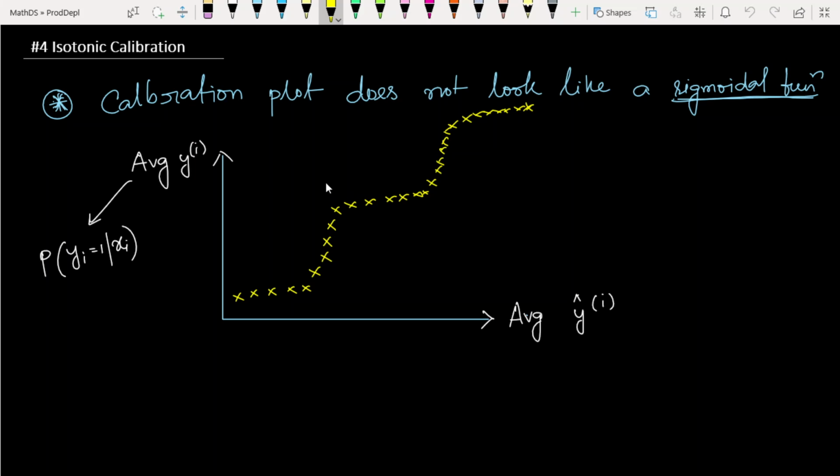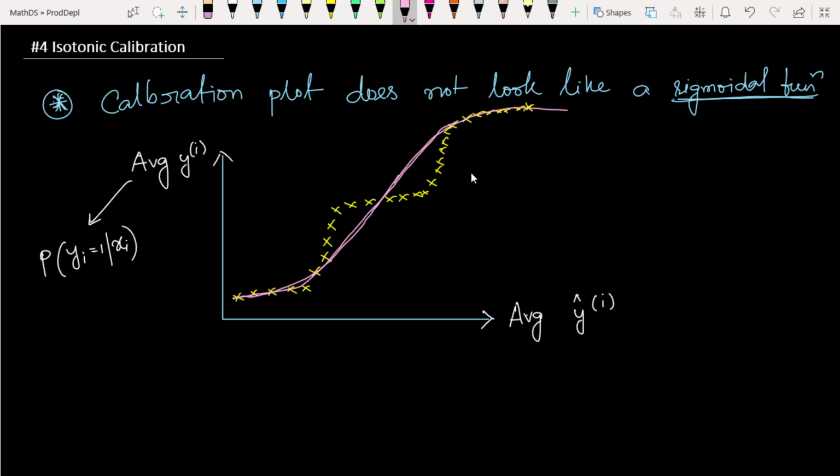If we use the Platt calibration, or simply the sigmoidal calibration, then we get this type of plot. If we simply apply the sigmoid, it will look like this, and then there is some error in these portions.